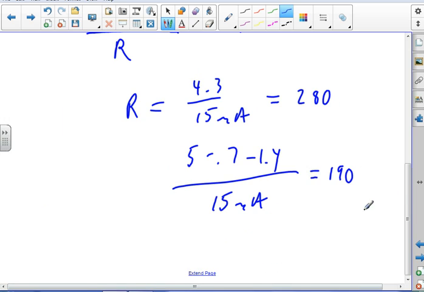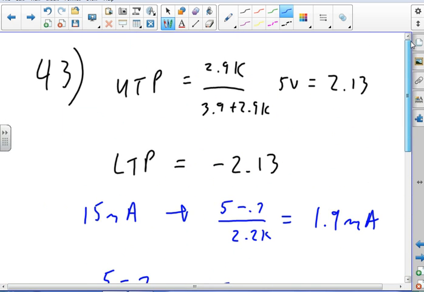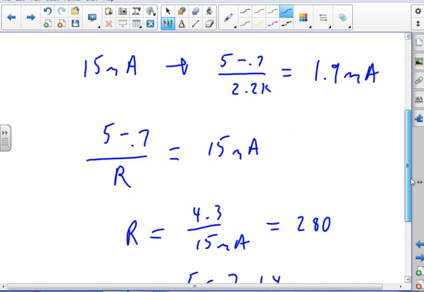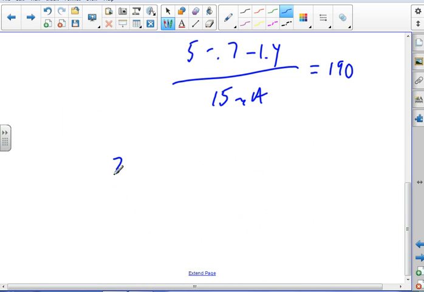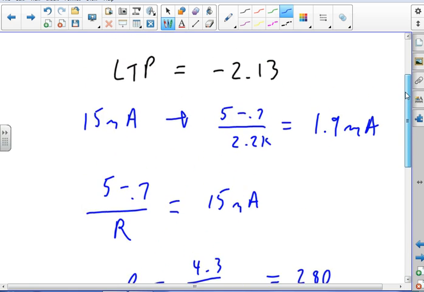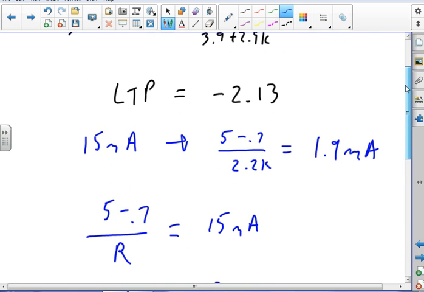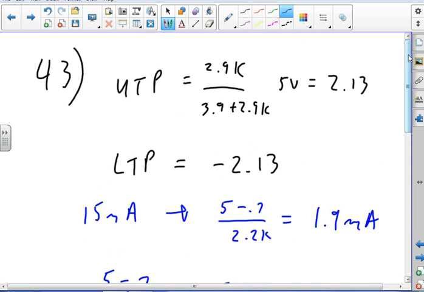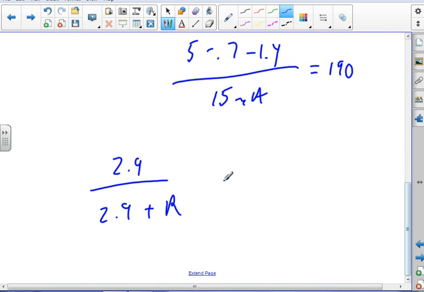All right. So we come back to our trip point calculations. And we want this to be 1.7. So 2.9 divided by 2.9 plus something times 5 volts. We'll go with 5 volts.